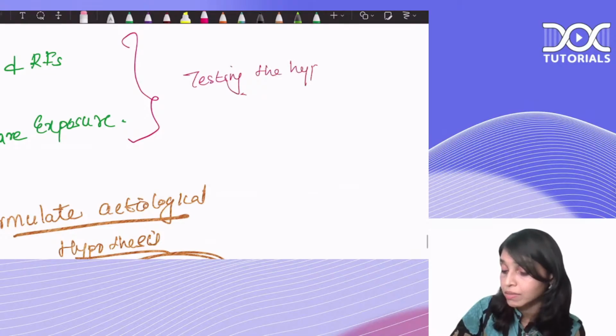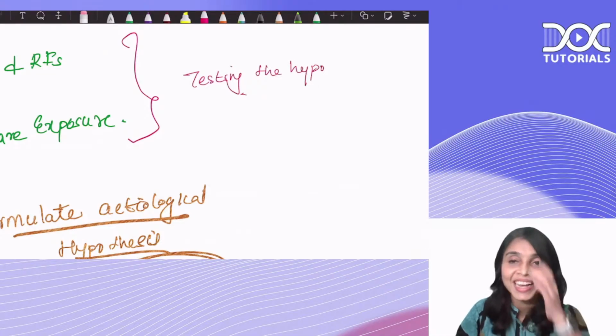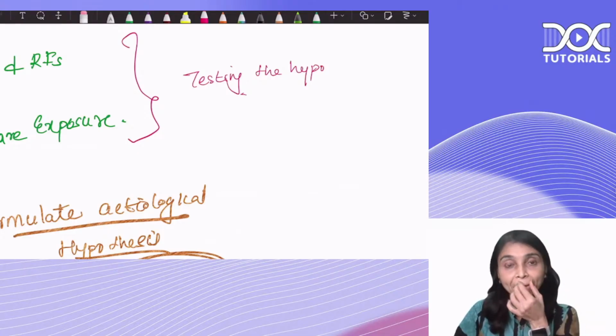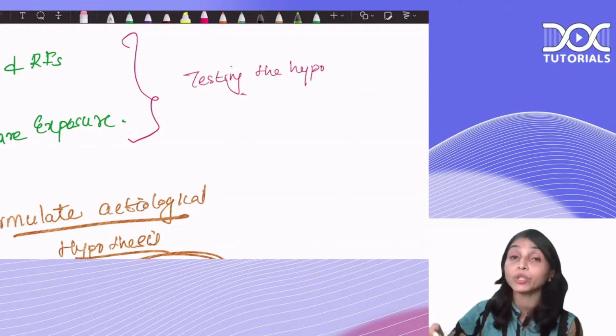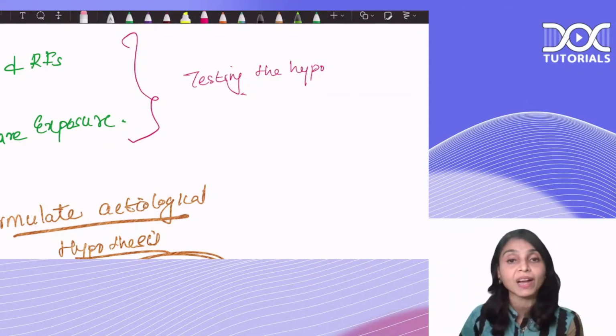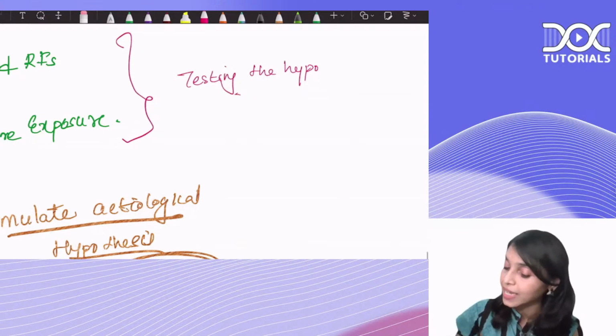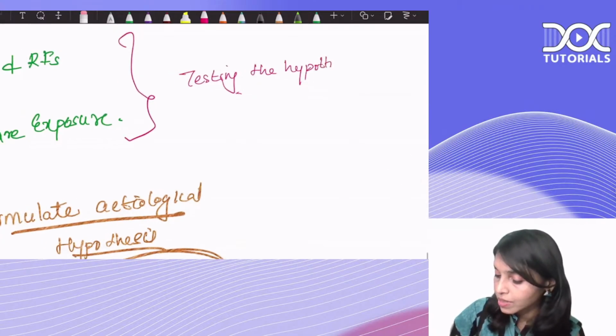What do you mean by hypothesis? Hypothesis means it is an observation that you got, which is not yet proved. It's an assumption based on your observation, and you're trying to prove whether this probable risk factor is real or not by testing the hypothesis.